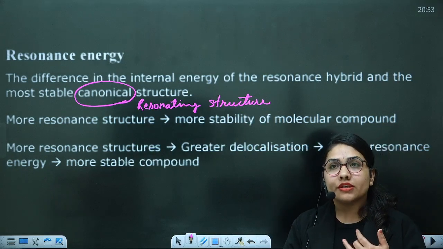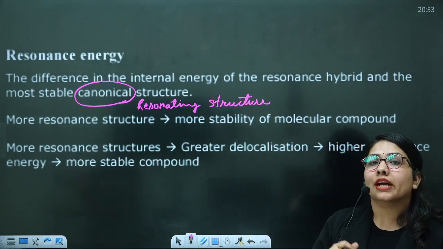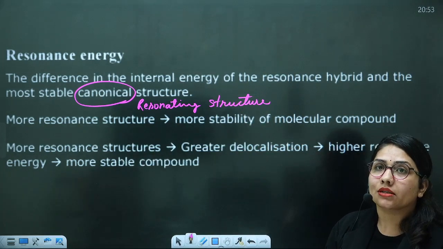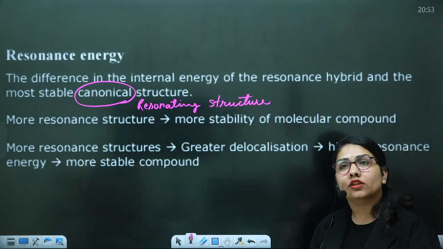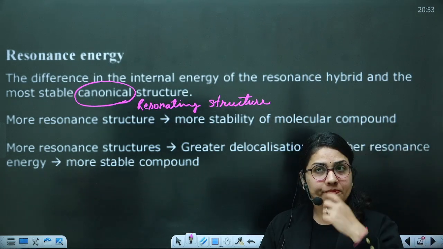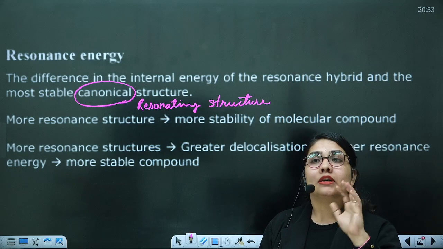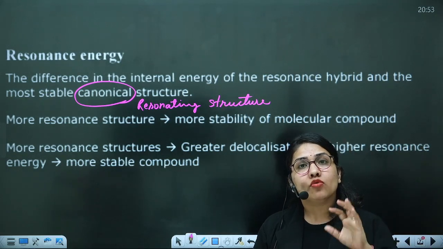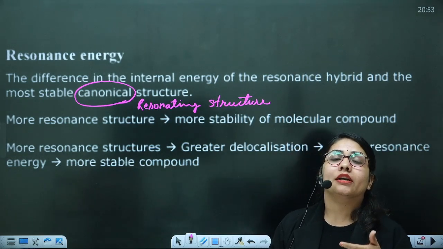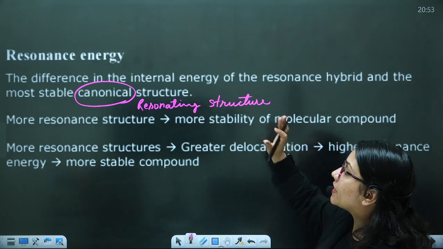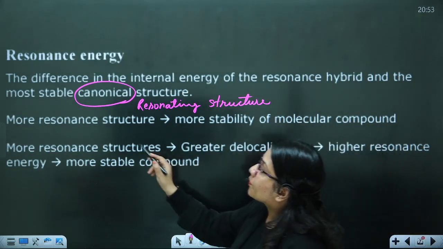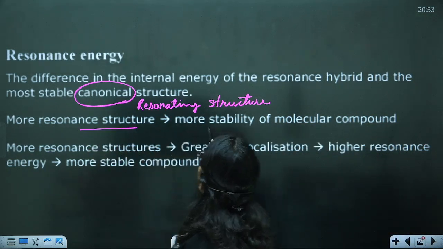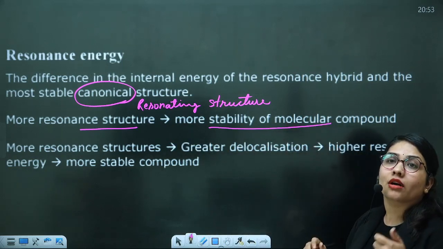So contributing structure, resonating structure and canonical structure are the same thing. So the difference in the internal energy of the resonance hybrid and the most stable canonical structure is called resonance energy.